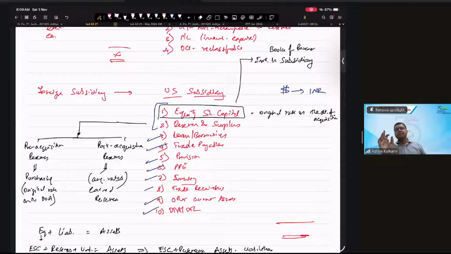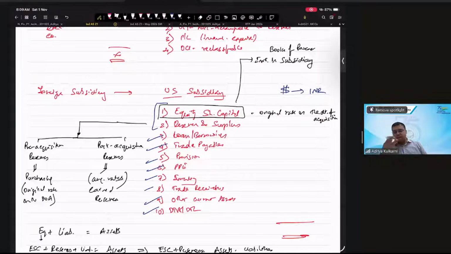Why will there be a difference? Because assets and liabilities you are converting using closing rate. Equity capital, using the rate on the date of acquisition. Pre-acquisition reserves, using the original rate on the date of acquisition. Post-acquisition reserves, using average rate, at which you have generated these reserves.